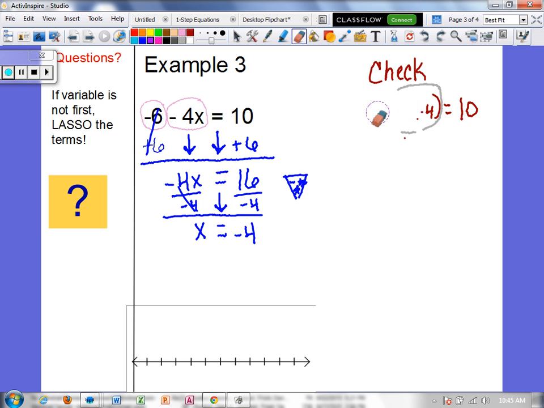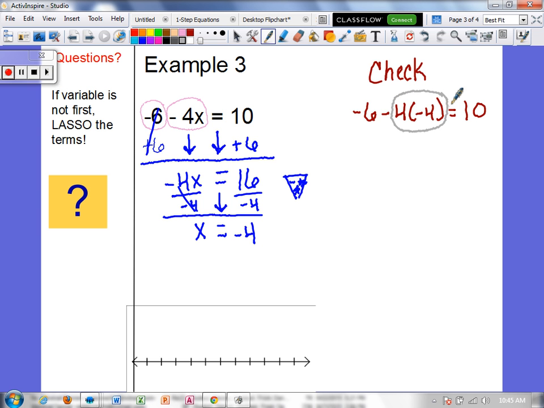So we're going to try this another way, because some of you may have noticed that there was another way we could have solved this. So I'm going to rewrite what we're checking. So what I did was I took a -4 times a -4, but you could do this instead.